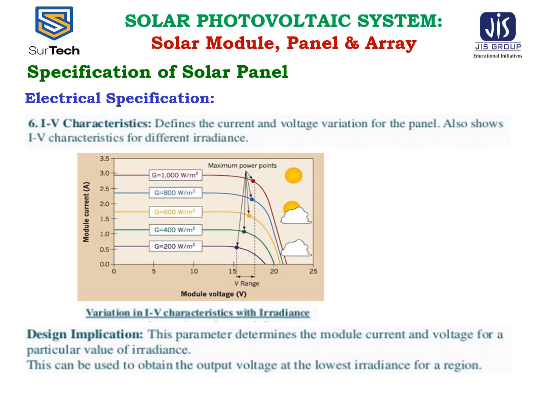This can be used to obtain the output voltage at the lowest irradiance for a region. In different irradiance, the module voltage, the module current, and the maximum power point will also be different. So it should be considered.